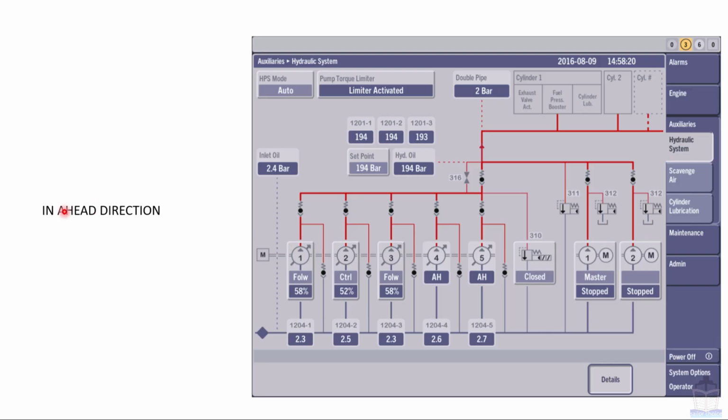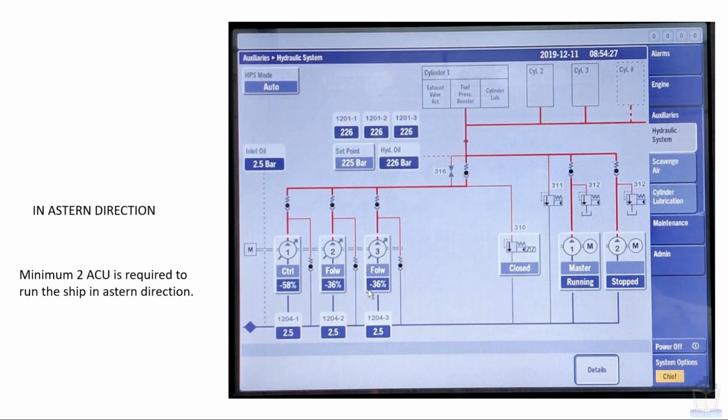So the conclusion is, in ahead direction, even if all SUs are kaput the engine will run, because all will be shifted to the maximum ahead direction, so there is no problem. But in case of astern direction, minimum 2 SUs are required to run the ship astern.